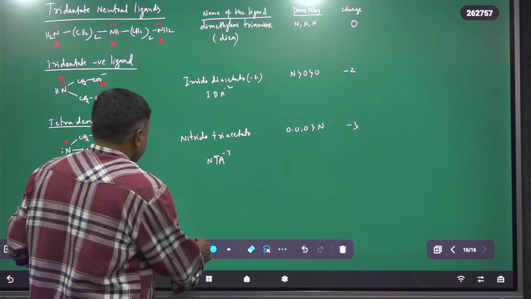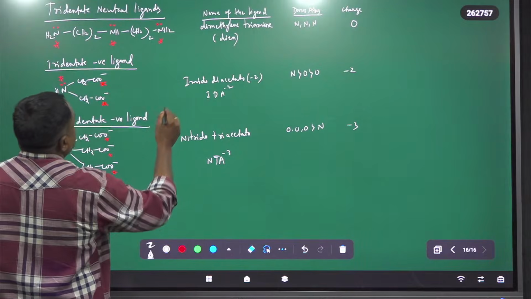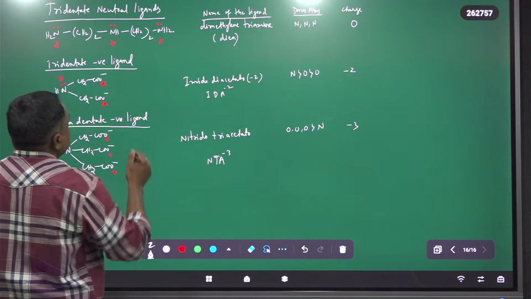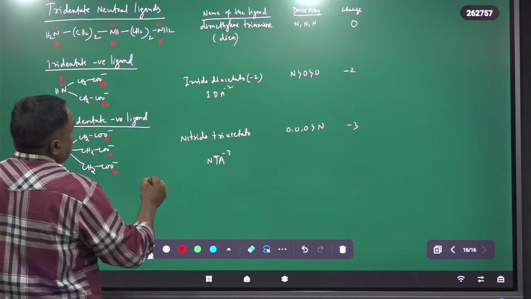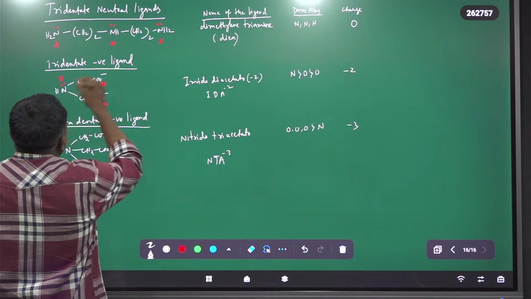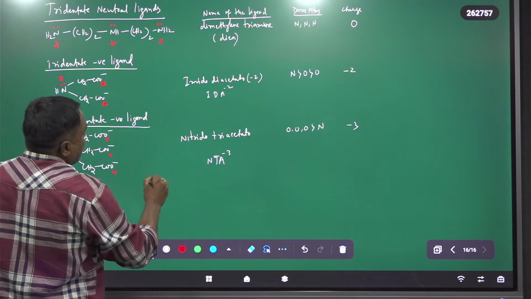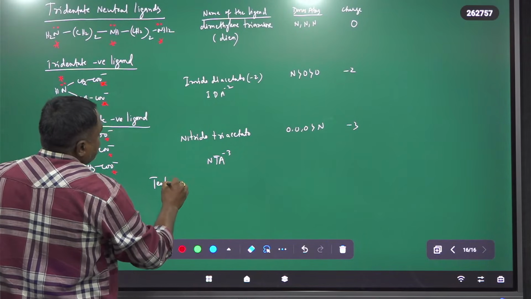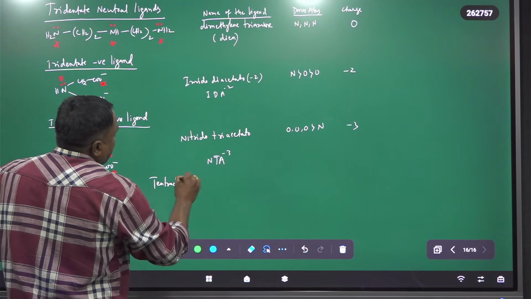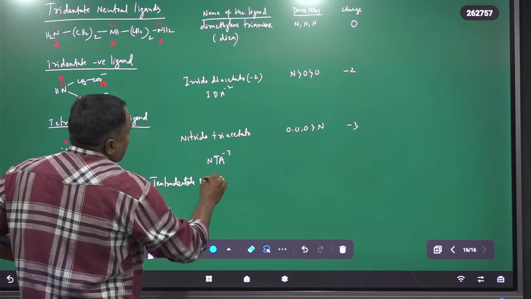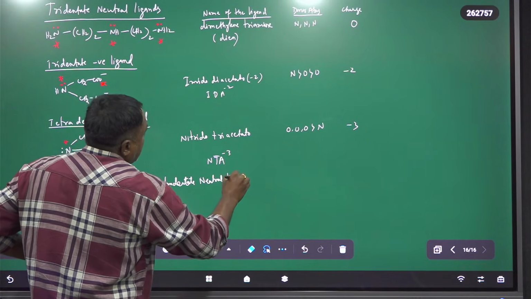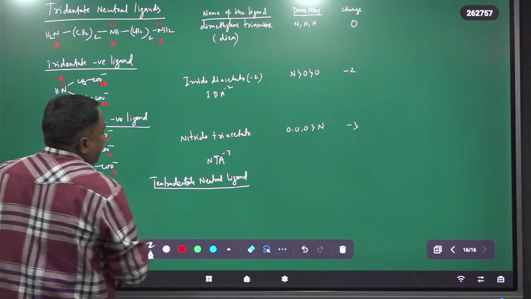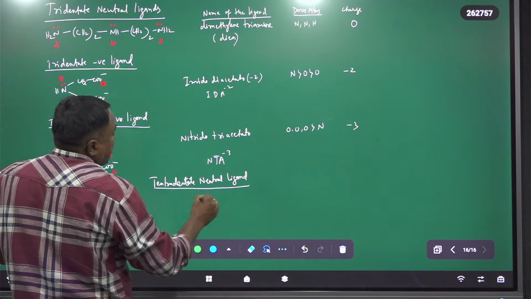So before this, under the tetradentate neutral, one of the important ligands is trien.